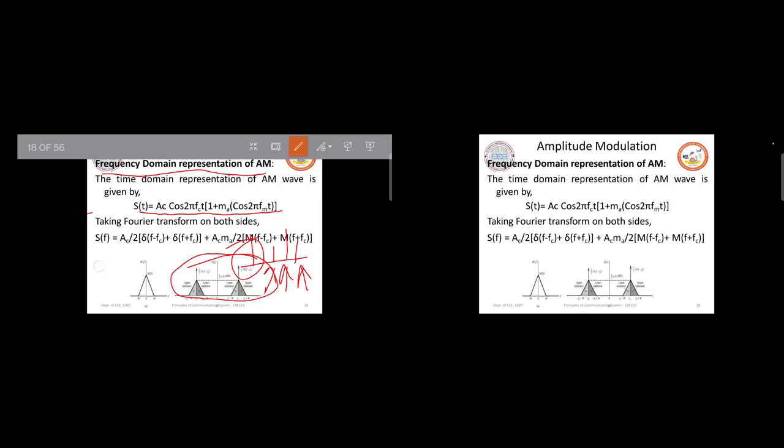So the Fourier transformation equation is going to look like this, and we also got to know how the spectrum will look when you take a single tone modulating signal. This is how the frequency domain representation looks.